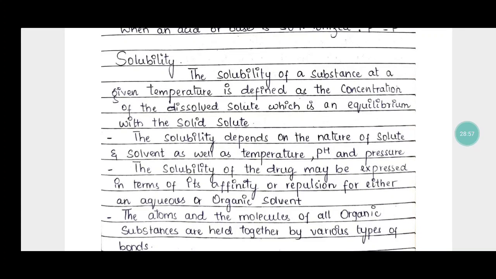Next, the solubility of a substance. The solubility of a substance at a given temperature defines the concentration of the dissolved solute which is in equilibrium with the solid solute.